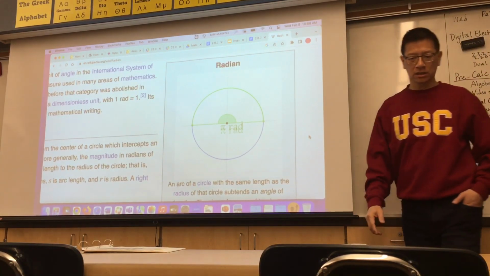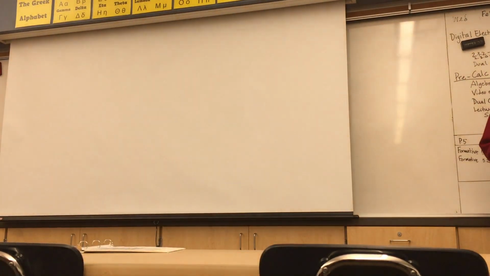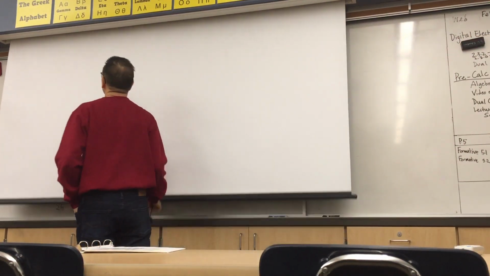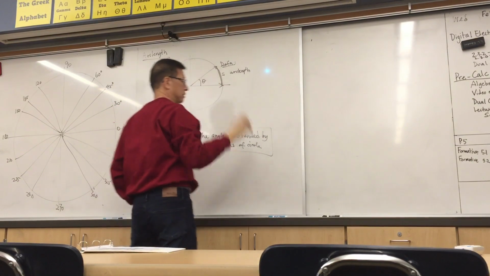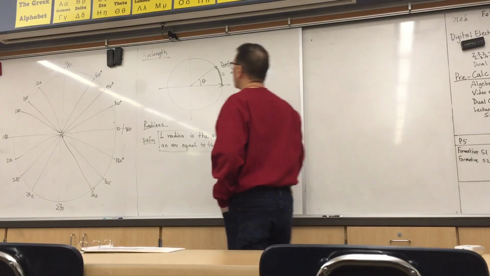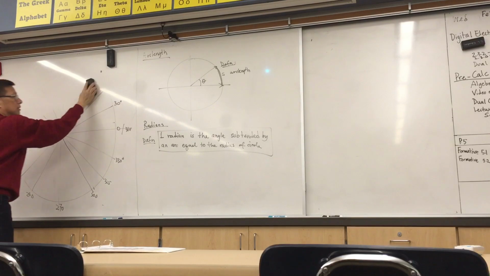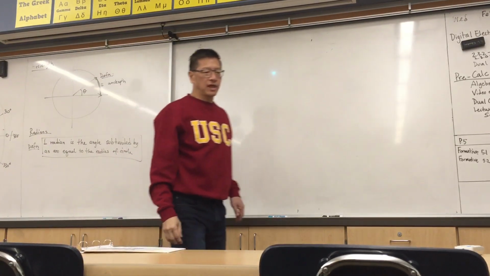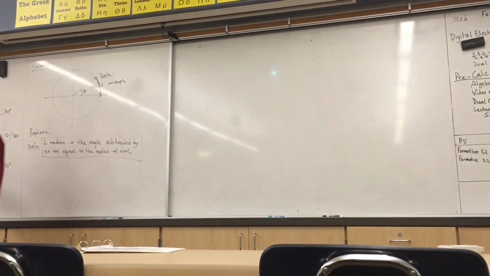That makes sense because the circumference of a circle is 2 pi times the radius, or pi times the diameter, which would mean the radius would have to be multiplied by 2 pi to get the circumference, which is all the way around the circle. So this is the definition of 1 radian.